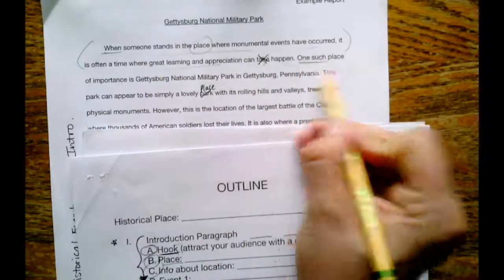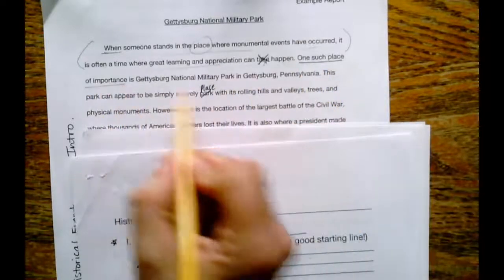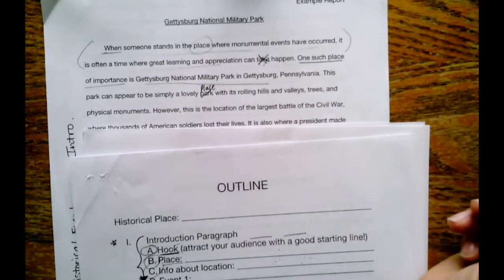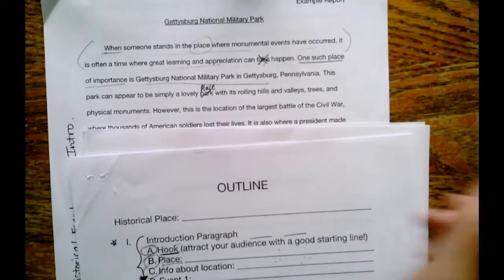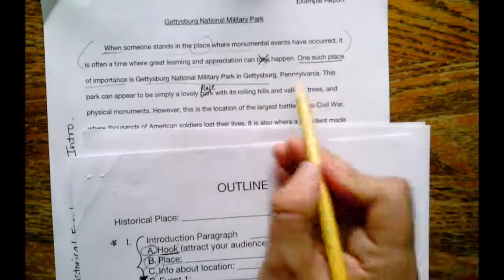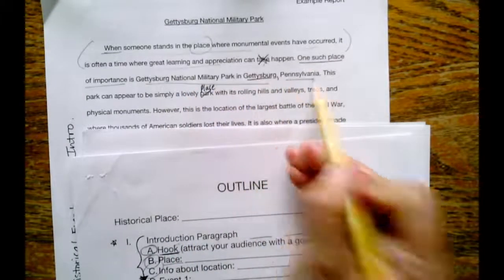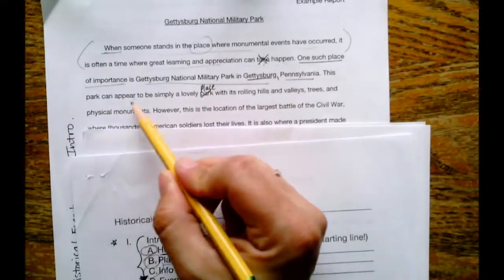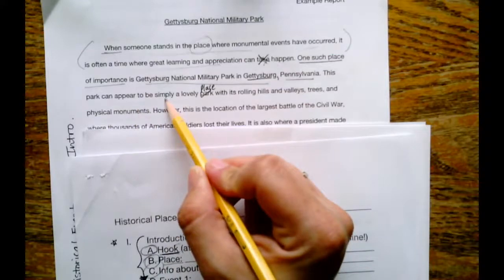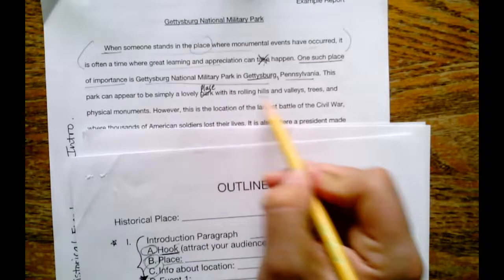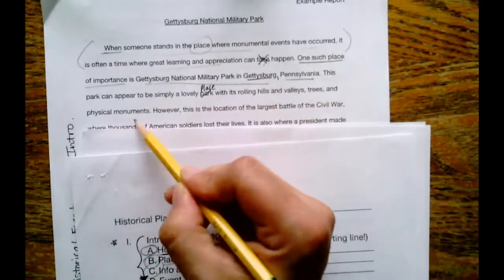So then I say one such place of importance is Gettysburg National Military Park in Gettysburg, Pennsylvania. Notice how this is all capitalized because it's the name of a place. And then this is the city, state. This park can appear to be simply a lovely place with its rolling hills and valleys, trees, and physical monuments.